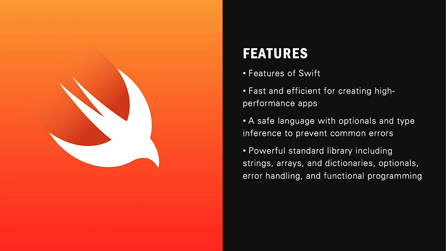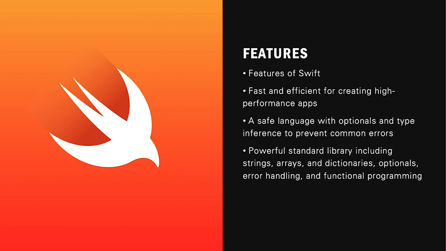Swift also has a powerful standard library that includes a wide range of useful functions and data types. Some notable features of the Swift standard library include strings. Swift has a powerful string manipulation library that includes features like string interpolation, substring extraction, and character counting. Arrays and dictionaries. Swift provides built-in support for arrays and dictionaries, allowing developers to easily work with collections of data.